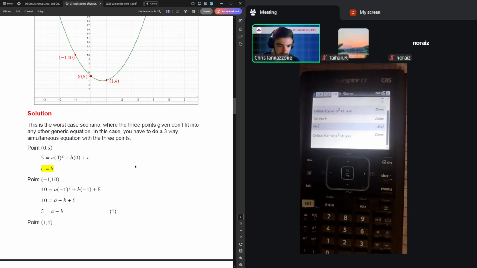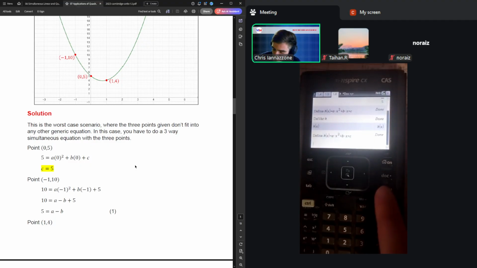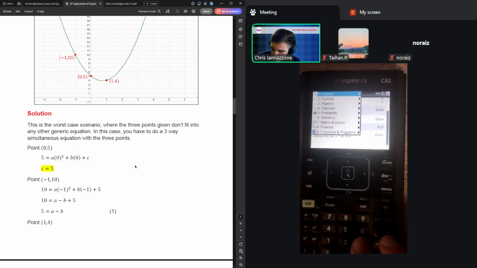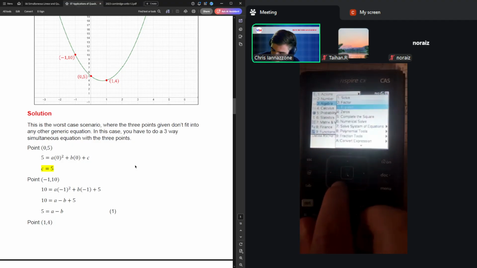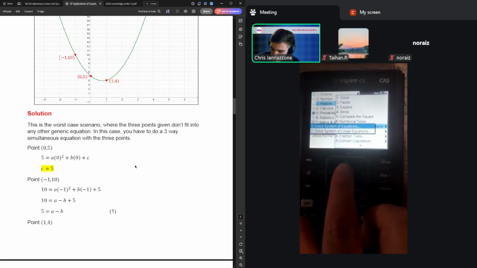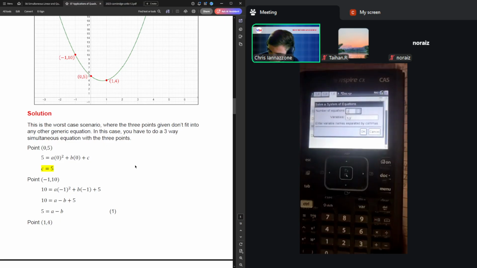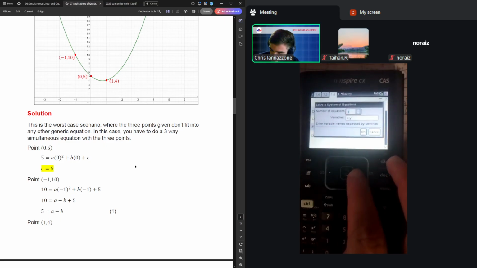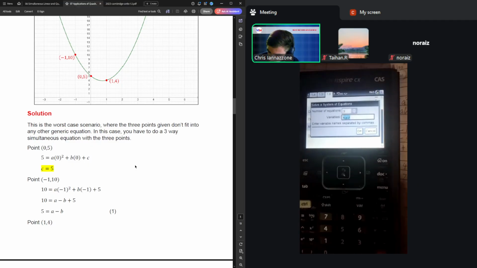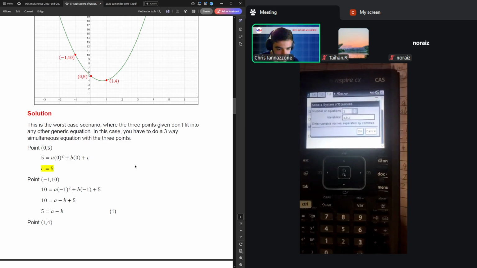But okay, we have this. Now comes the easy part, which is going to the simultaneous equation solver. Menu 3 for algebra, 7 for solve system of equations, and then 1 for the solve system of equations once again. We have 3 points, so we're going to use 3 equations, and we're just going to rewrite these as the a, b, and c that we already wanted them to be.